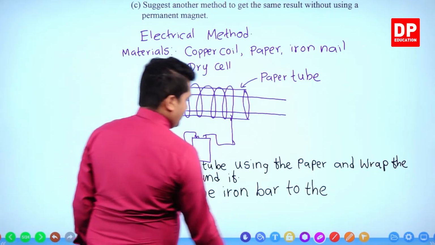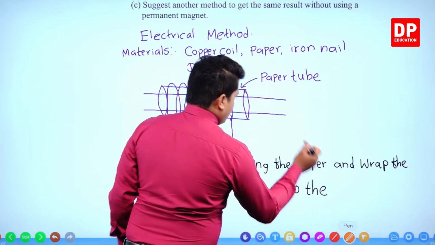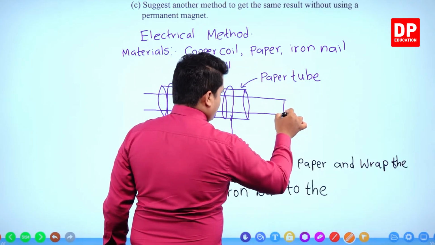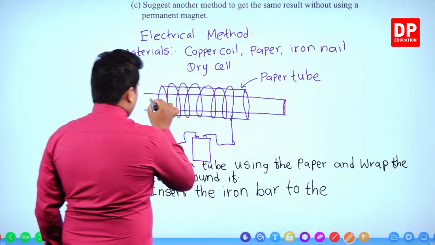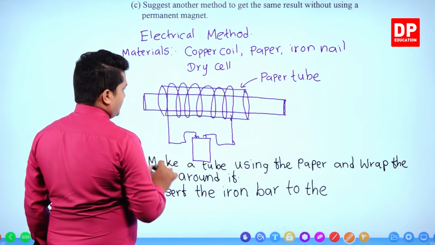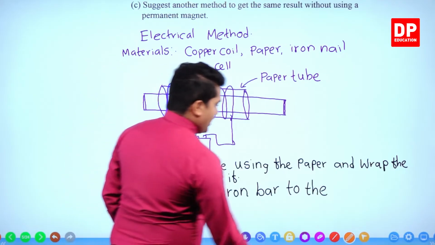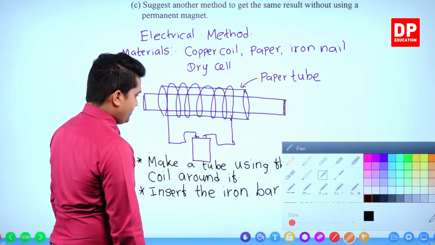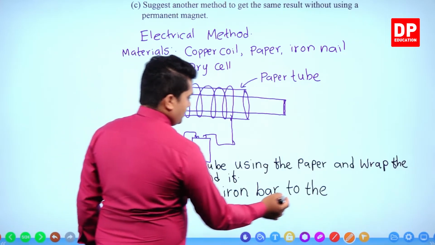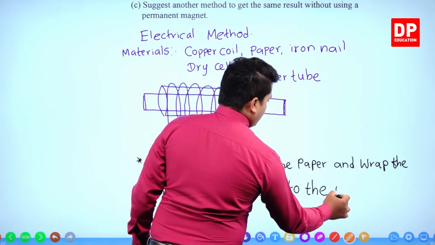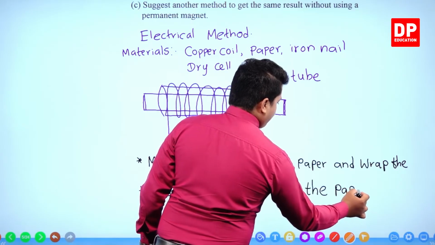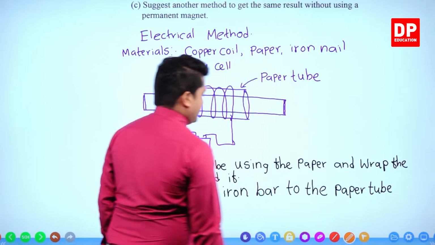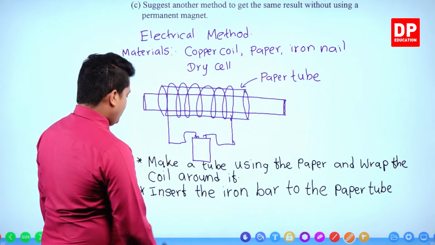So insert the iron bar to the paper tube.